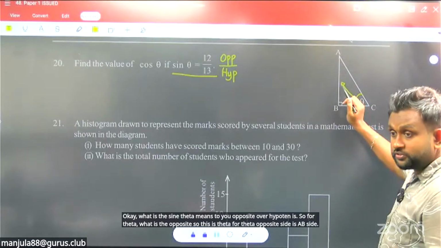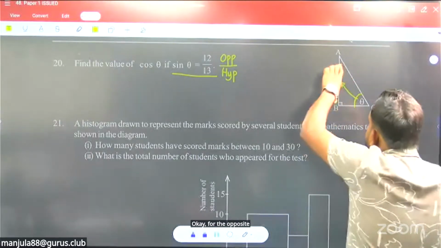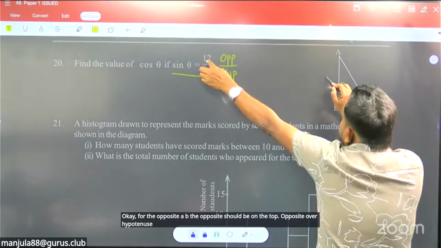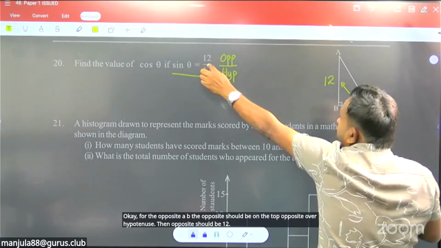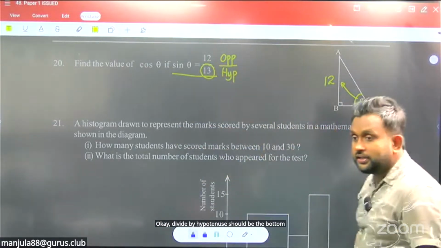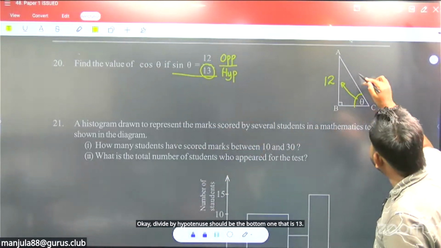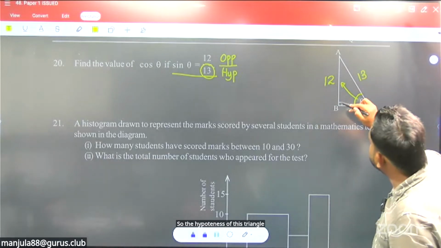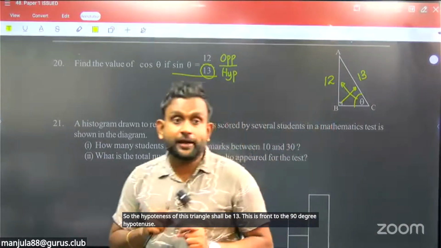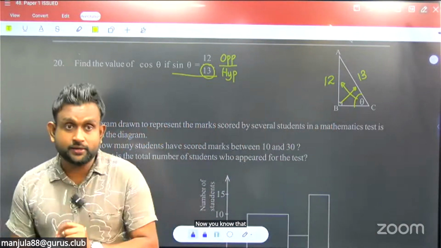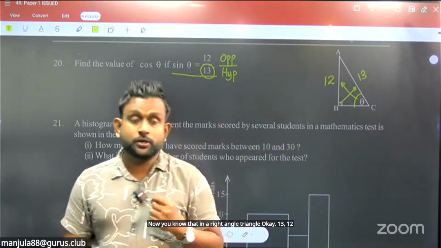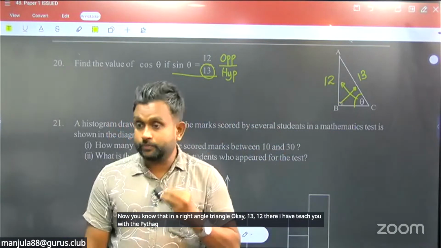Okay, for theta the opposite is AB, and the opposite should be on the top, opposite over hypotenuse. Then the opposite should be 12, divided by the hypotenuse, which should be the bottom one, that is 13. So the hypotenuse of this triangle is 13. Okay, this is in front of the 90 degree, the hypotenuse. Now you know that in a right angle triangle, 13, 12, I have taught you the most popular Pythagoras triples.